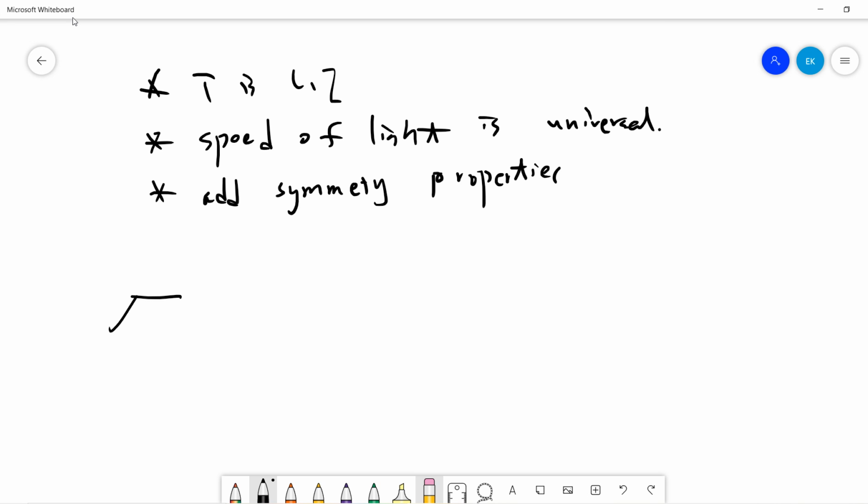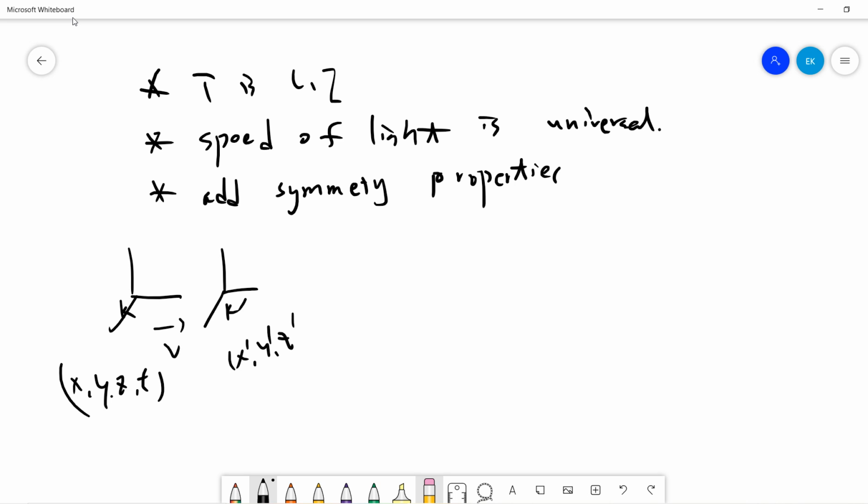Okay, so let's quickly start with K and K prime, with relative speed v, and coordinates x, y, z, t and x prime, y prime, z prime, t prime. The first idea is to assume there's a light with speed c. That means x is ct, and for the primed frame, x prime is ct prime.